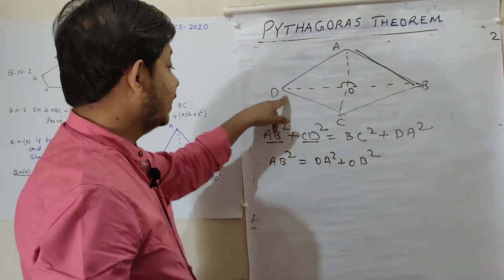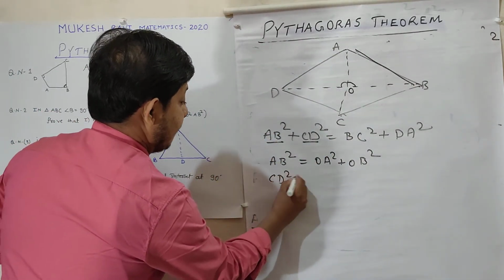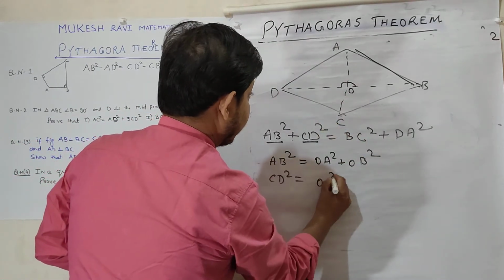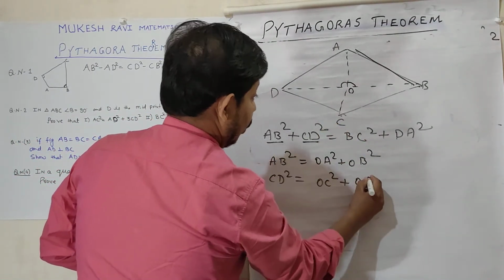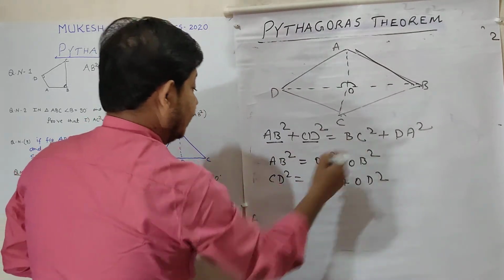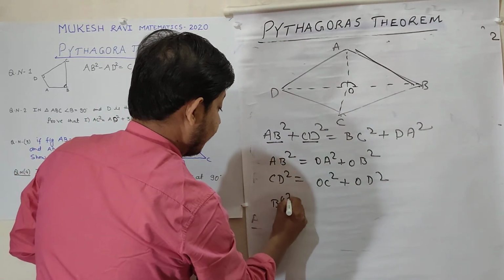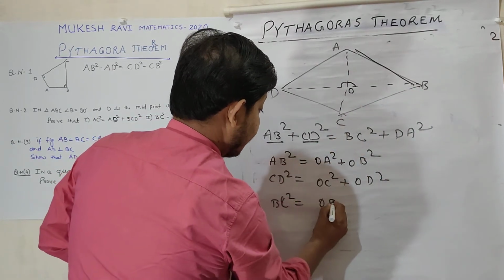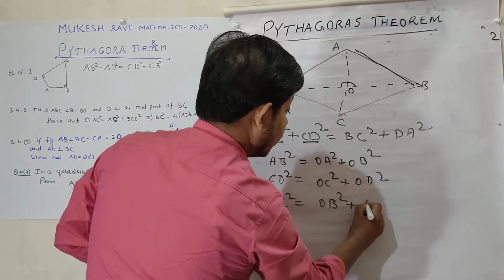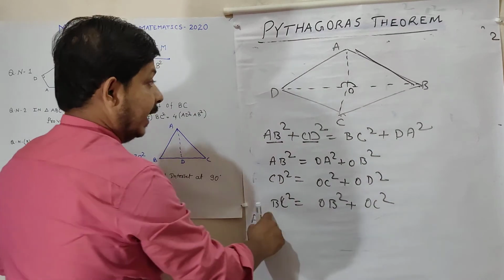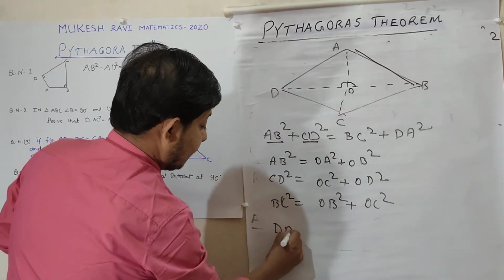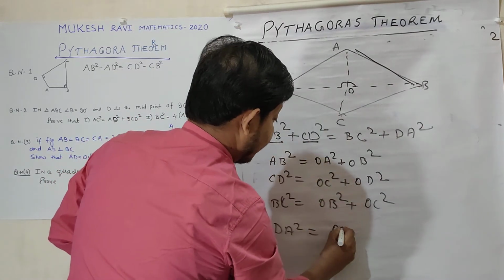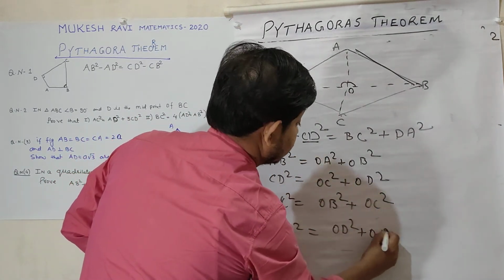Again CD square. CD is equal to what? OC square plus OD square. Then BC square is equal to OB square plus OC square. Again DA square is OD square plus OA square.